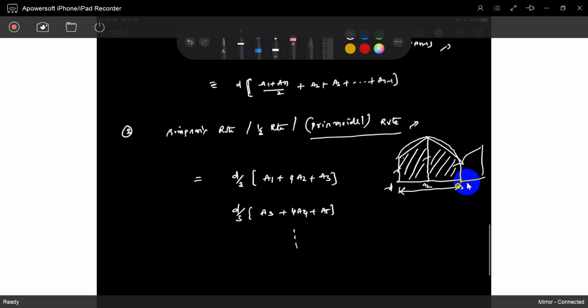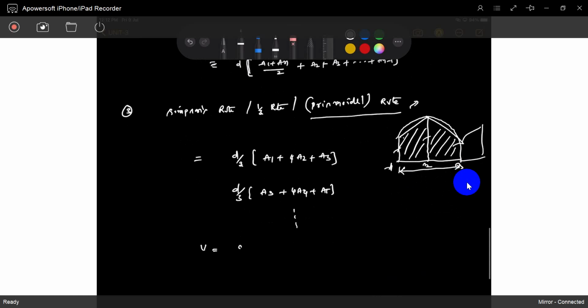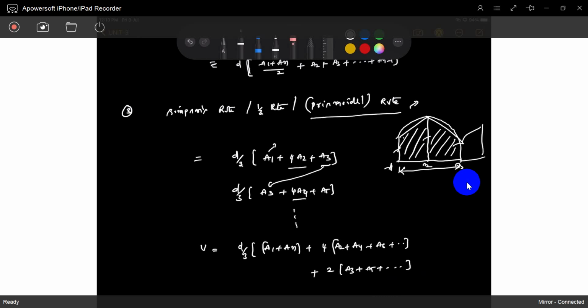Later we sum up, and what do we get? d by 3 of A1, which comes only one time, and AN, the last, which comes only one time. And 4 of A2, A4, A6 like this. A3 comes two times, so add them: 2 of A3, A5 like this.